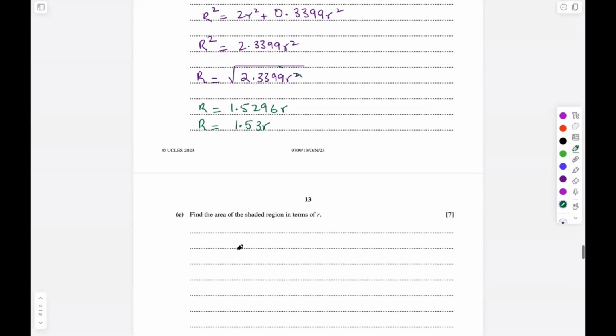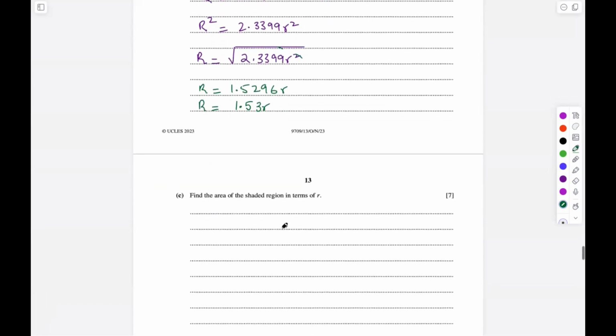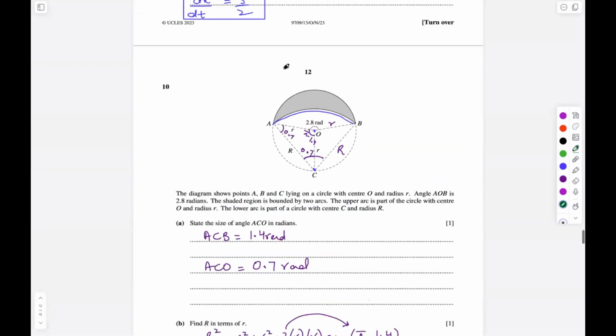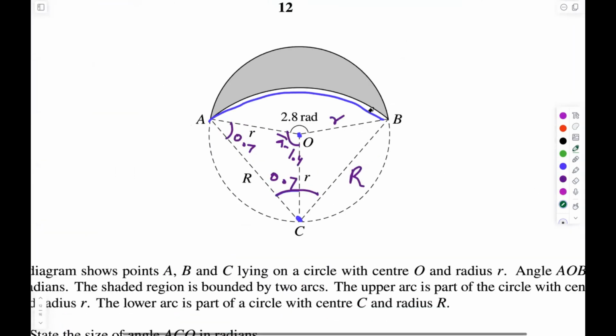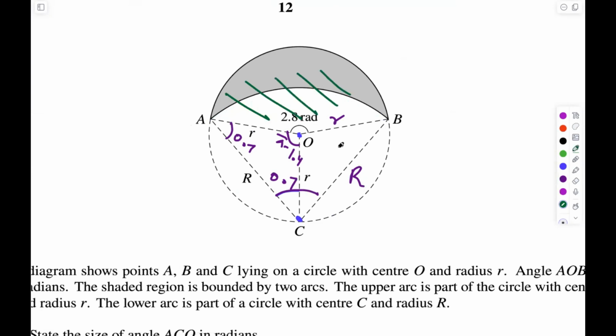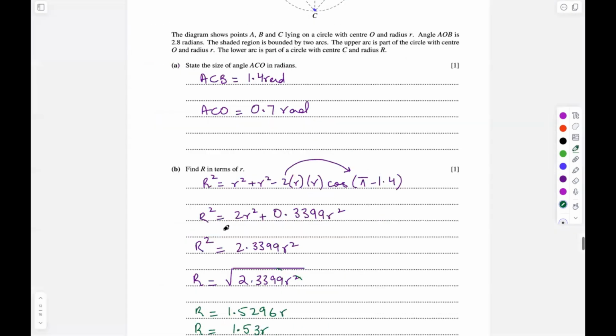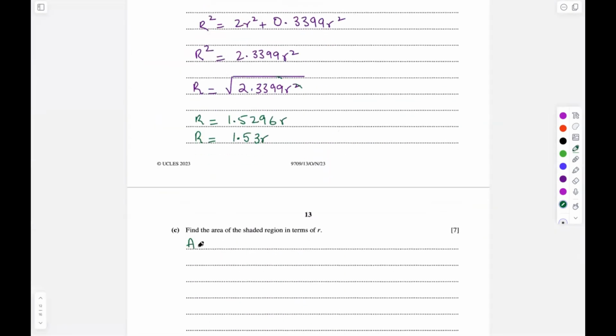In part C, we have to find the area of the shaded region in terms of R. Now, to find the area of the shaded region, first we can find the area of the sector AOB. So we can shade it up here. In the first step, we'll find the area of this complete sector. The radius is R and the angle is 2.8.